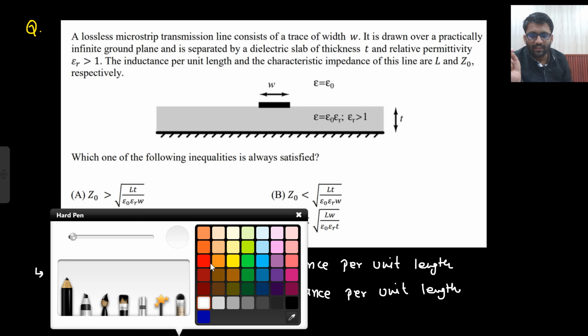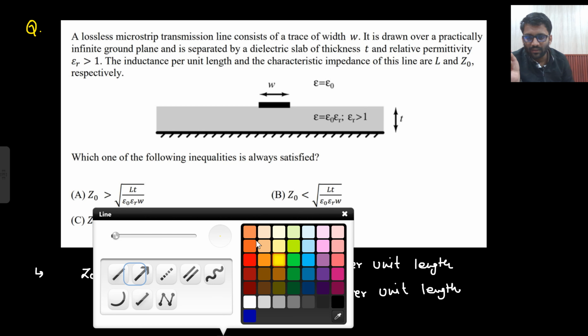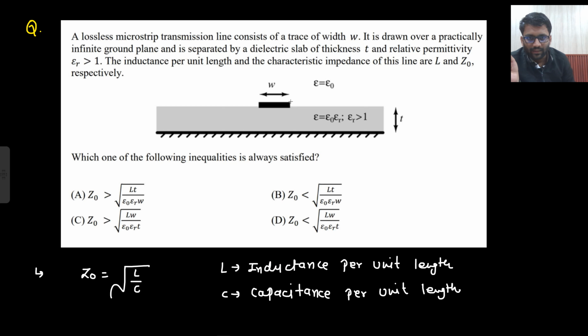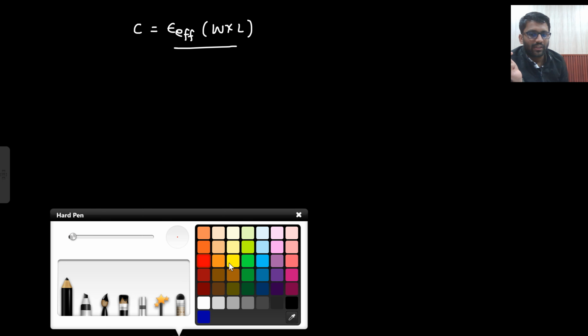Here I am assuming that length is L. This length is not shown, but I am assuming that this length is L. Although it will not be used, because what we need to write down is capacitance per unit length. This is the total capacitance. This is not the capacitance per unit length. So what is the separation between them?